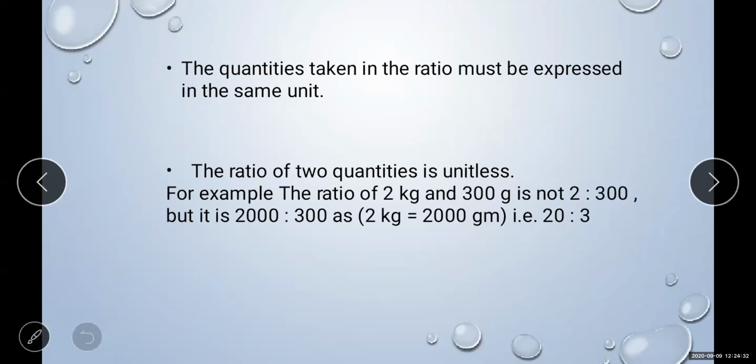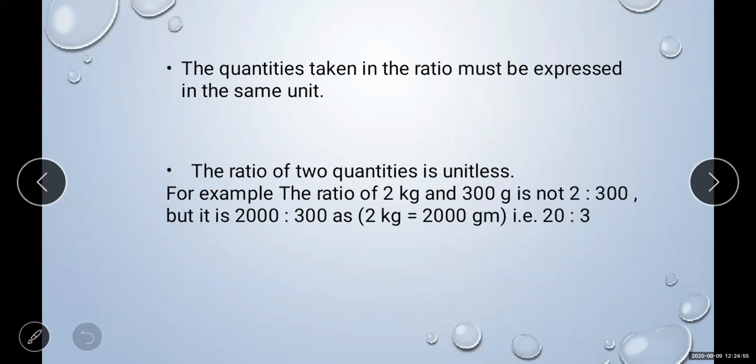Next point: the quantities taken in the ratio must be expressed in the same unit. If you have to compare something, and these types of questions are in the exercises, suppose one number is given in kilometers and the second in meters. Can we compare them directly?